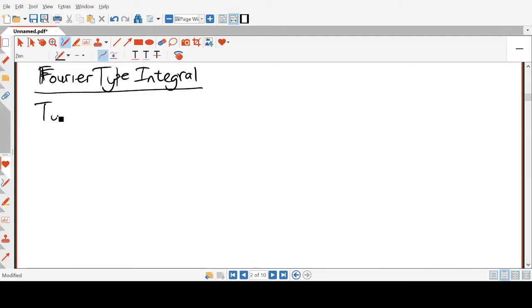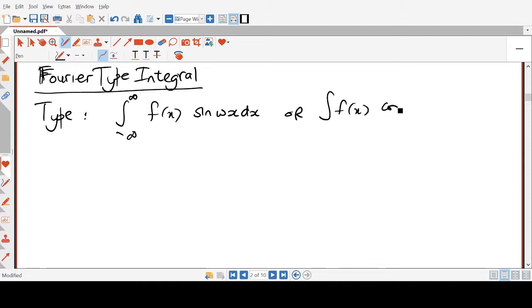So the type is something like this: the integral from minus infinity to plus infinity of f of x sin kx, or omega x, dx, or the integral of f of x cos omega x dx from minus infinity to plus infinity.